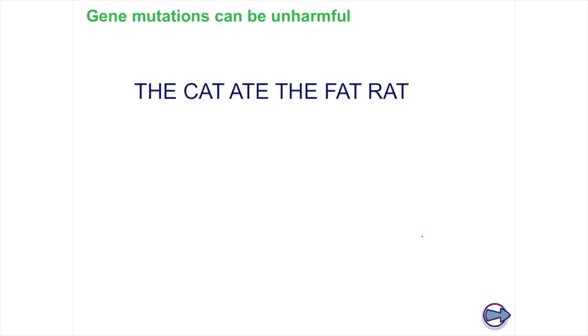Mutations fall into two major categories. Point mutations are the ones that involve the change of one base or one nucleotide. We always use this example, which is a sentence that is written in triplets. It's written in triplets because the genetic code, as you know, is a triplet code.